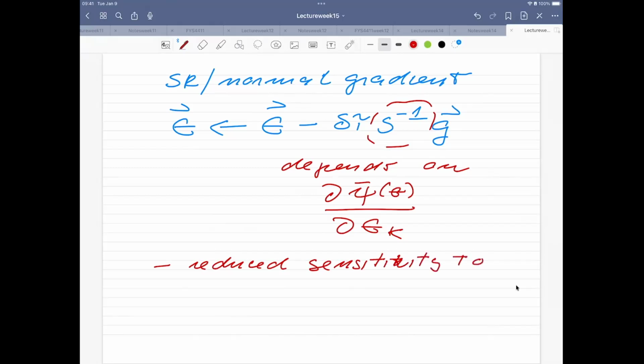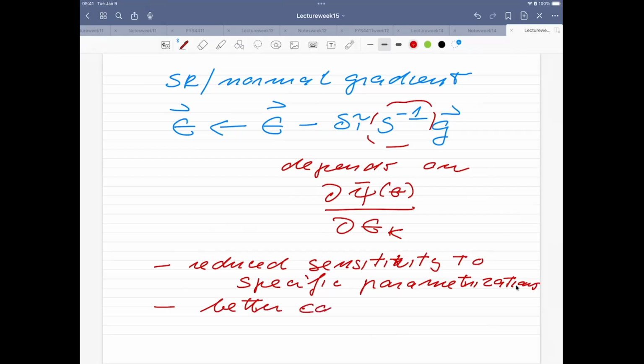It often leads to better conditioning, better results actually, in the optimization part.